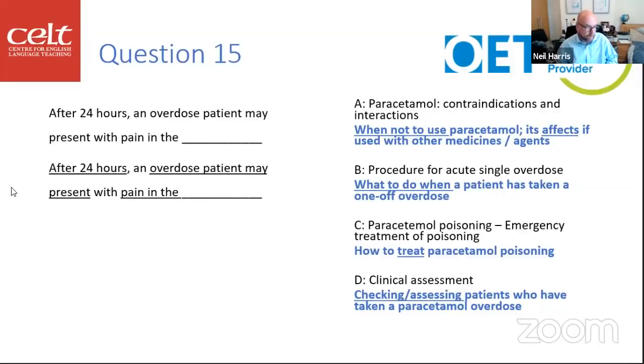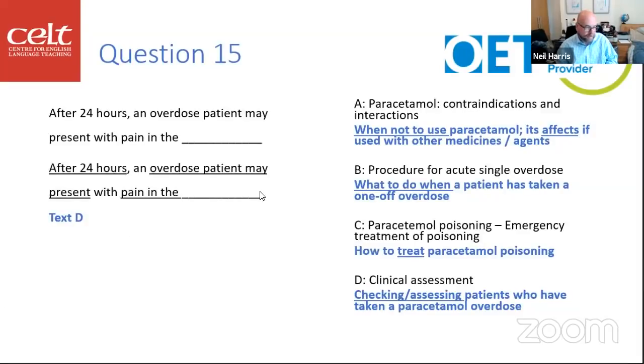Now, okay, so this is a patient who is presenting. We're therefore very probably going to be thinking about how we assess them when we're checking them. So this may suggest that we're looking at text D.